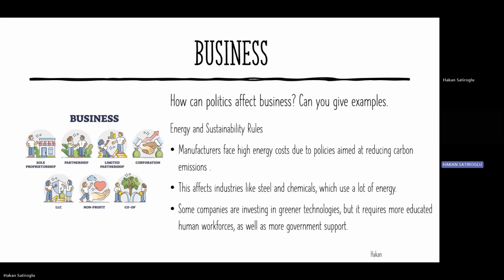industries like steel and chemical industries, because they are highly likely using more energy than other sectors, and they use a lot of energy. So some companies are investing in greener technologies. We know, like wind turbines and solar panels, but it requires more educated human workforce.